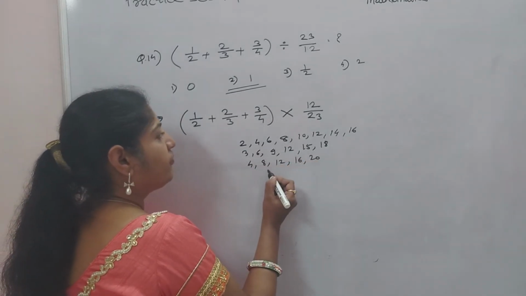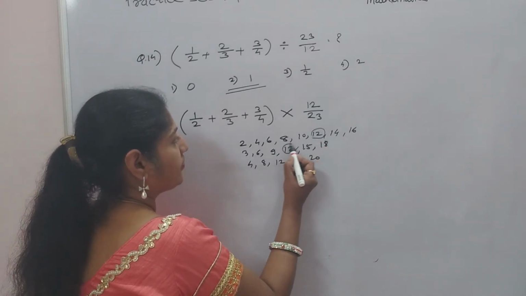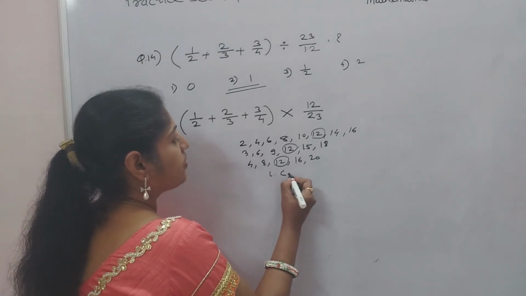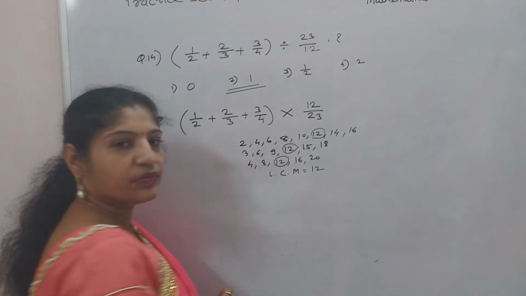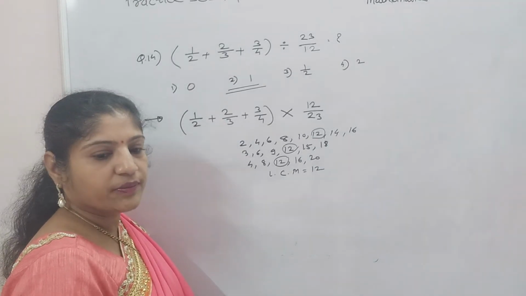Which is the first common multiple? That is 12. So the least common multiple equals 12, and I take 12 as the denominator of each one.